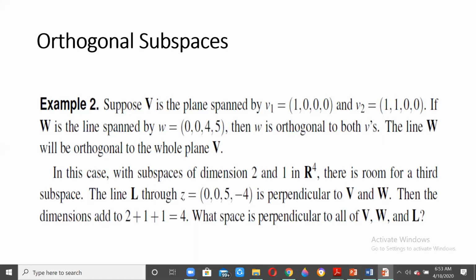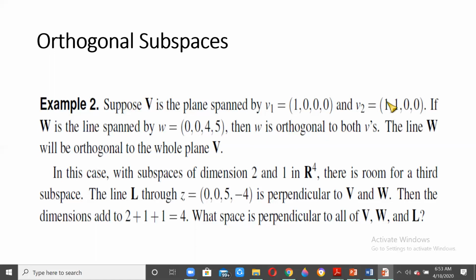So we can consider another line L, which is spanned by Z equal to (0, 0, 5, -4). And this is perpendicular to both V and W, because if you take V1 transpose Z, V2 transpose Z, W transpose Z, all of these give 0. 1 multiplied by 0 plus 0 multiplied by 0 plus 0 multiplied by 5 plus 0 multiplied by -4 is equal to 0.